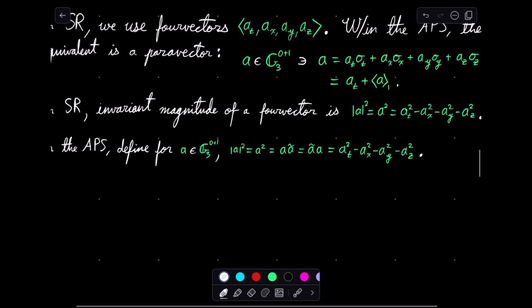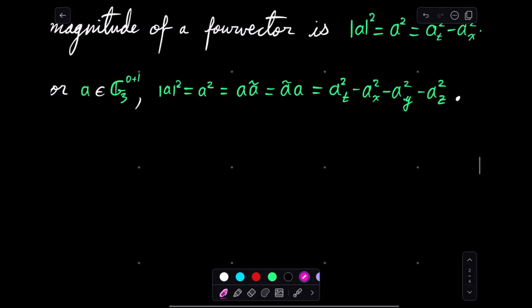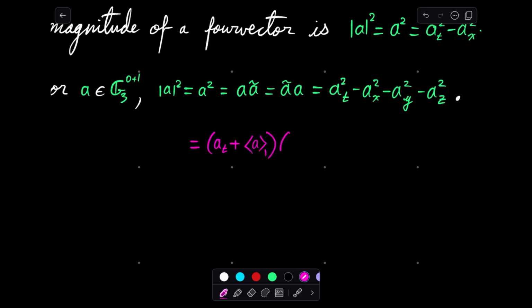Now, I'm not going to go through the proof here, but I do recommend you go through the proof yourself and see how, when you take the Clifford conjugate here, you end up with A_t plus the vector component of A. And then when you take the Clifford conjugate of this whole thing, it'll be A_t plus A vector. Well, the Clifford conjugate affects vectors by negating the sign.